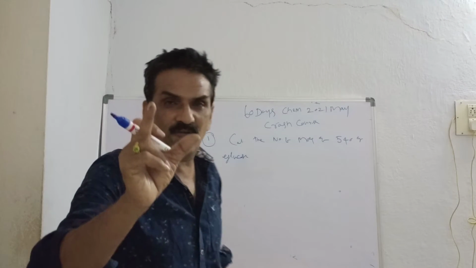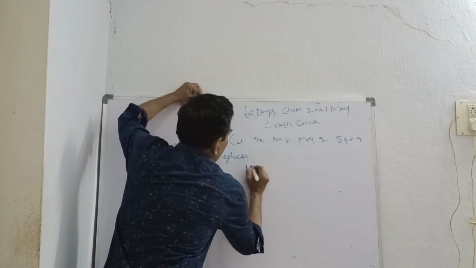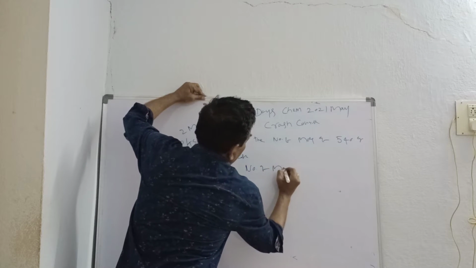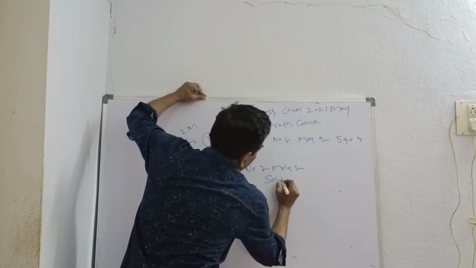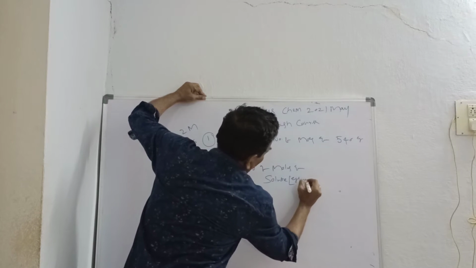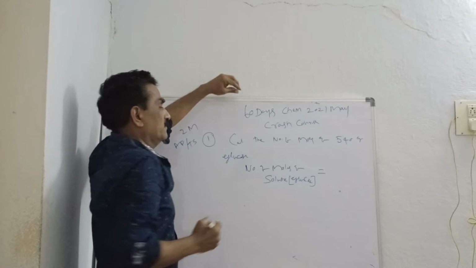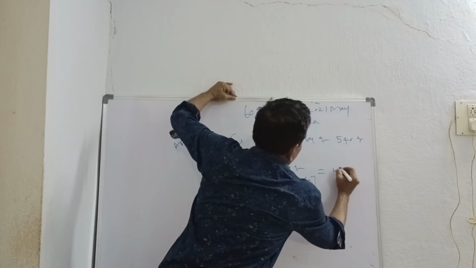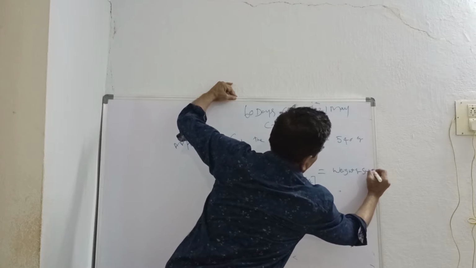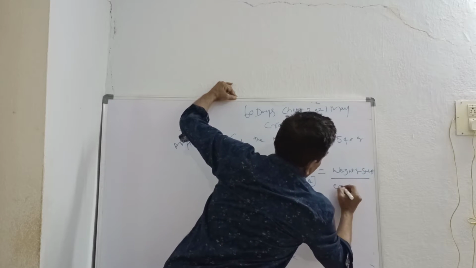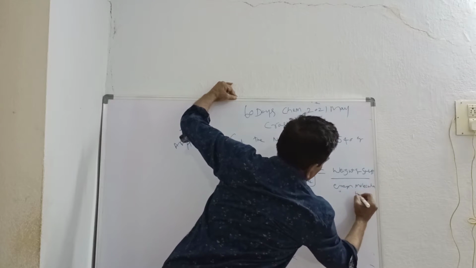If you want the number of moles, what is the formula? Simple. Number of moles of solute, that is glucose. Solute means glucose. Number of moles is weight of the substance by gram molecular weight.